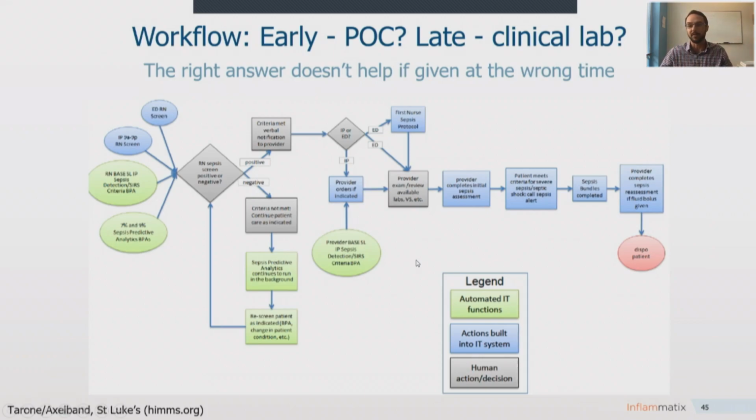The final question, of course, is even if you have a useful result, if it doesn't come in the right time in workflow, it doesn't help very much, right? If you had a perfect host response technology that could tell you this patient does or doesn't have a bacterial or viral infection, but it doesn't turn around for 2 or 3 days, no one's going to use it.